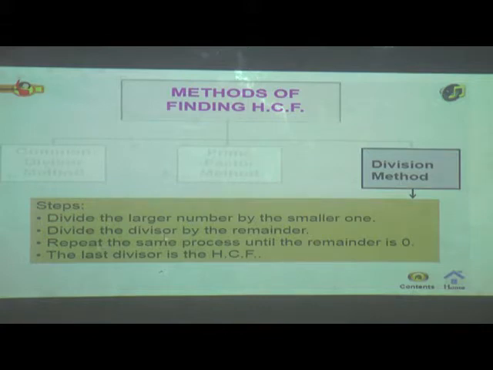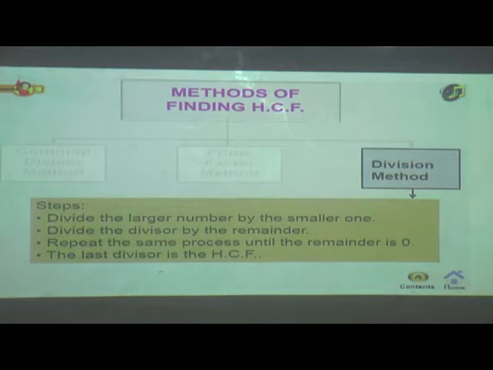Then divide the divisor by the remainder. We repeat the same process until the remainder is 0. The last divisor is the HCF.